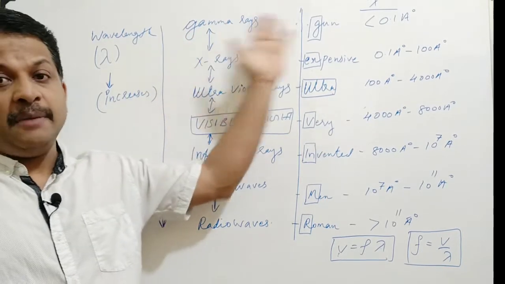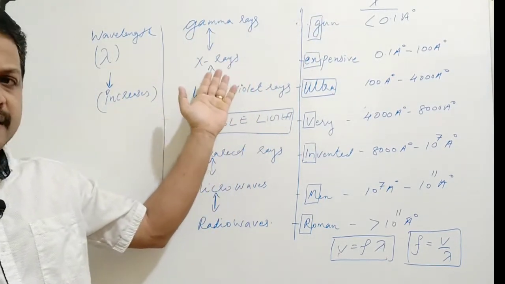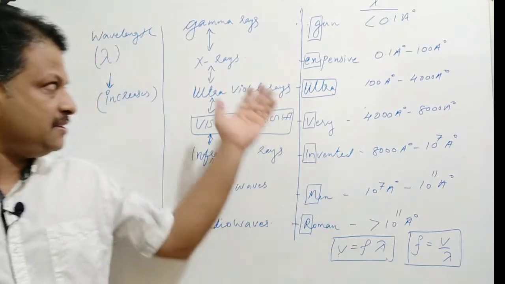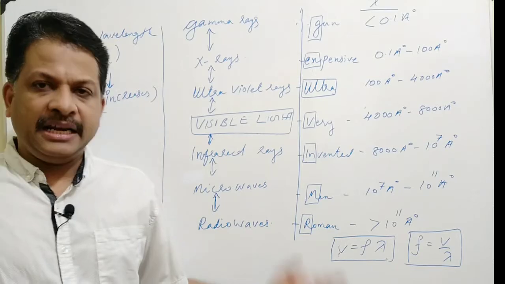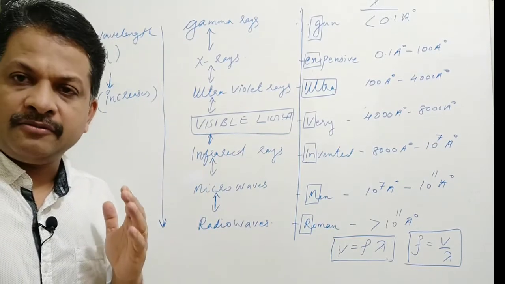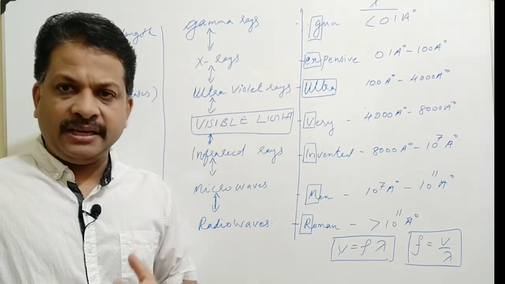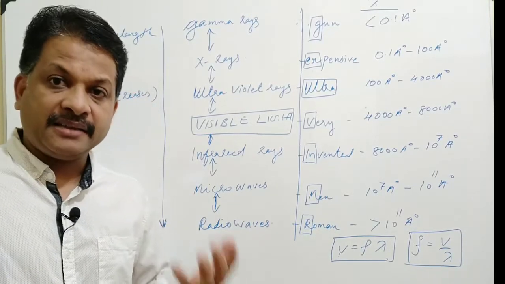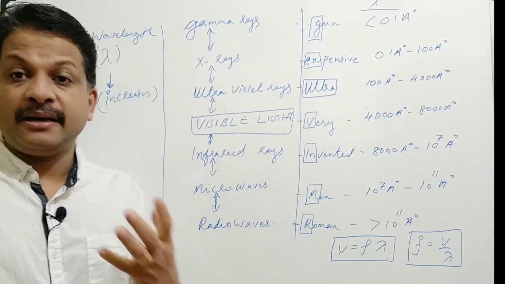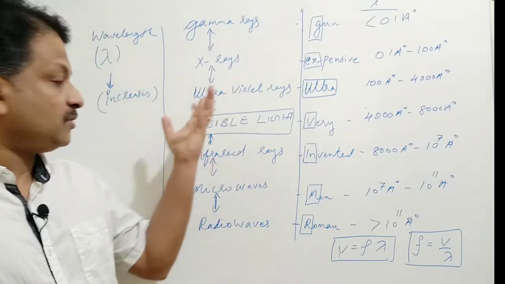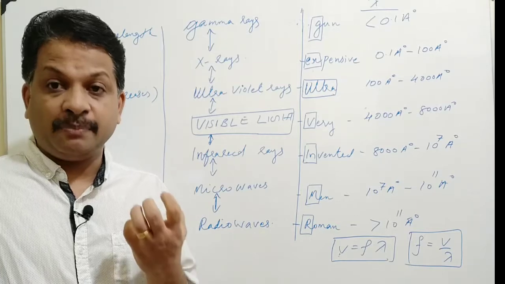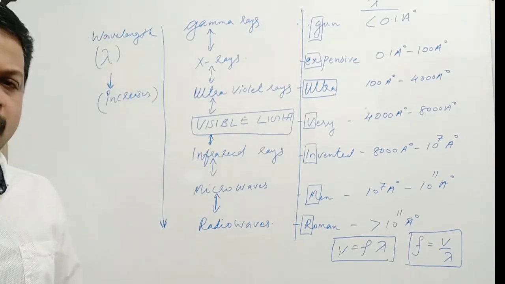Gamma rays have high penetrating power and X-rays have slightly less penetrating power. X-rays are used in the detection of fractures in bones and teeth, in diagnostic purposes in CT scans, to study the atomic arrangements in crystals, and in airports to detect concealed metals. Many uses are there. All of you know it.